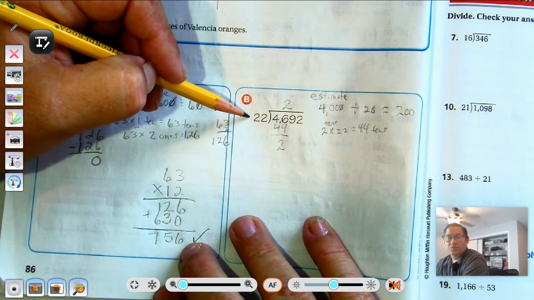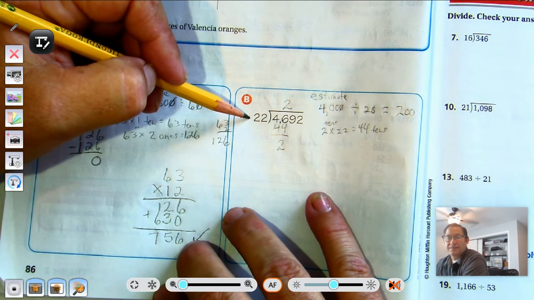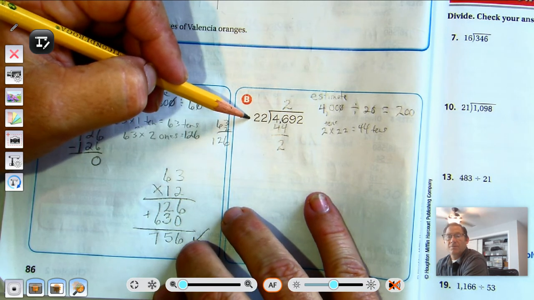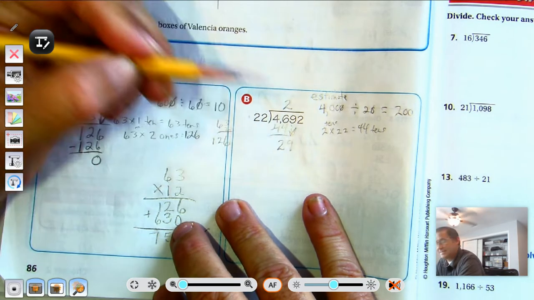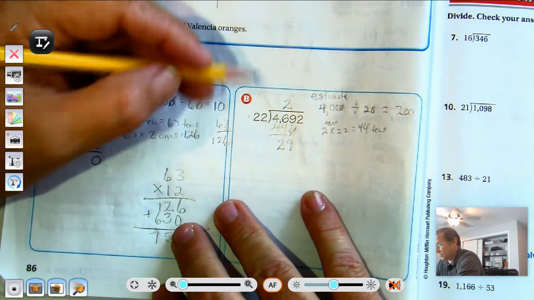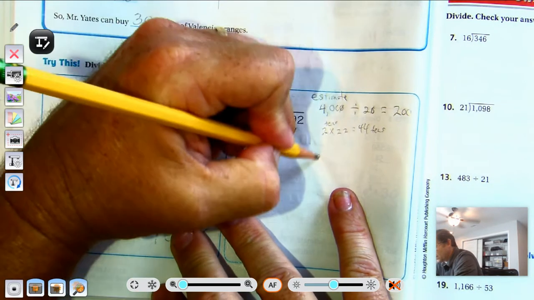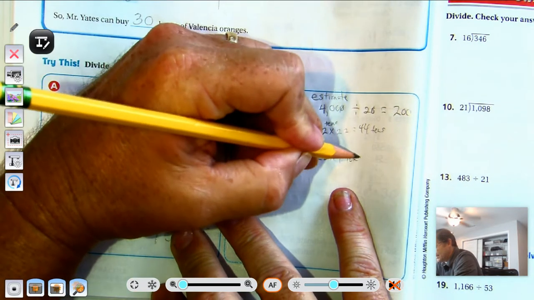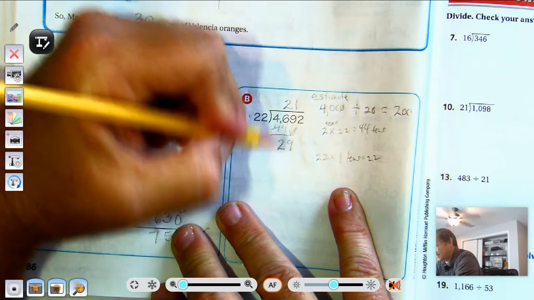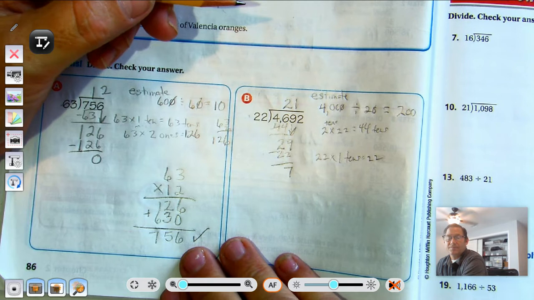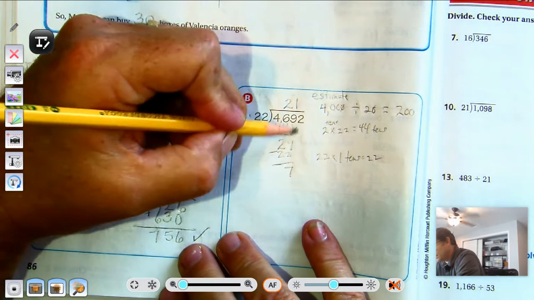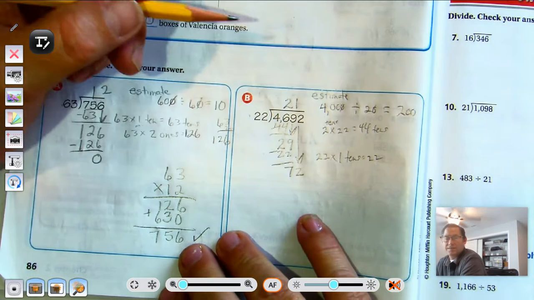So we're going to exchange those 2 hundreds for 20 tens and bring down the 9 tens that we already have. So 22 times 1 ten is 22 tens, and we'll be left with 7 tens. Trade those for 70 ones, bring down the 2 ones.